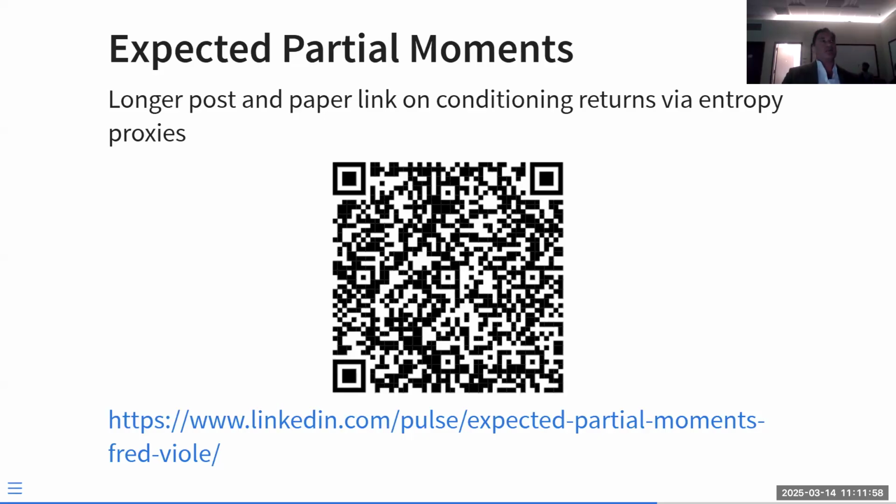What we did is we took S&P 500 companies over 3 10-year periods and did 1 year and 2 years out of sample. And I conditioned the returns with entropy proxies. The entropy proxy I use is 1 minus the autocorrelation of those returns. Why is that?